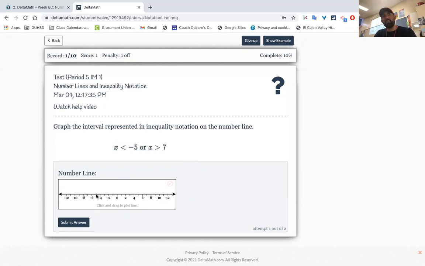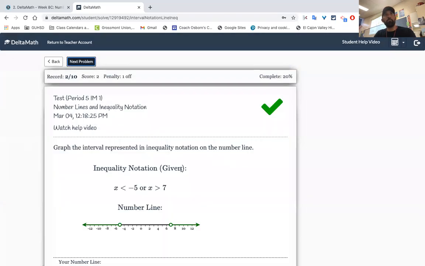For you guys that had trouble with this, I click and I drag to the left. Then I can just click the circle to make it open, and do the same thing with the other one. So this one is X is greater than. I click, drag, and this is also open as well. So that's how you work on that.